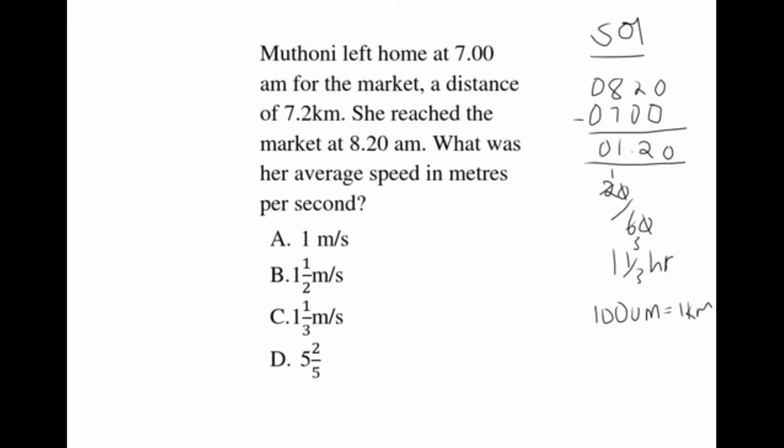What about 7.2 kilometers? We are going to cross multiply 1000 times 7.2 over 1, whereby we shall have 7200.